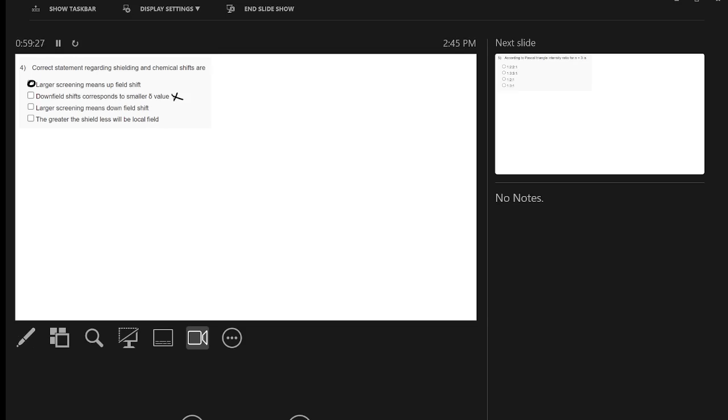Third, larger shielding means downfield shift. Incorrect. The greater the shielding, the more the magnetic field created by the electrons will be, so the local field will be less. So only one option is correct. The first option is correct.